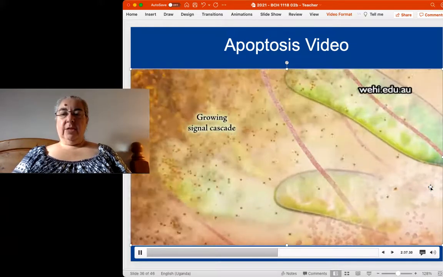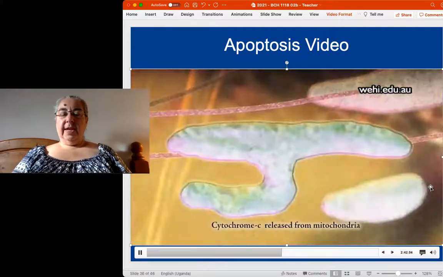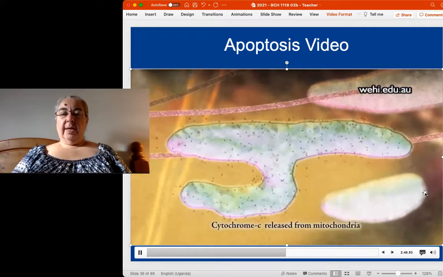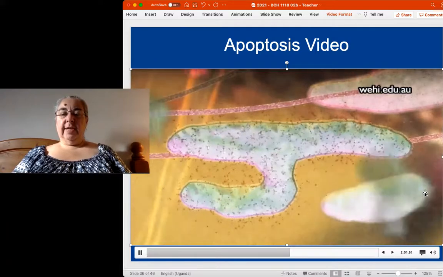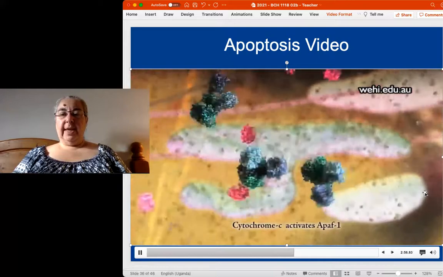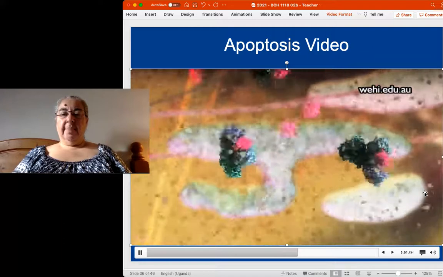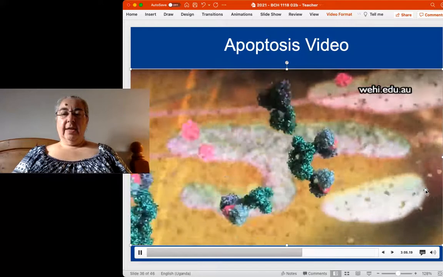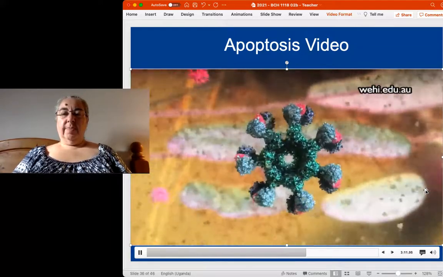Here we see the mitochondria, and these signals are reaching the mitochondria and changing the mitochondria so that cytochrome C is being released outside the mitochondria. The cytochrome C can bind to another protein and activate it, and that starts to form a structure.